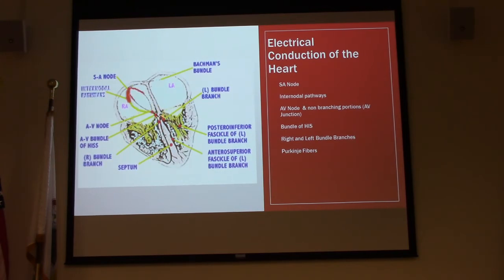From the AV node, it goes through the bundle of His, and then works its way down the bundle branches to the Purkinje fibers. You can see here we've got our right bundle branch, but our left goes into the anterior and posterior fascicles, so it branches off a little bit.